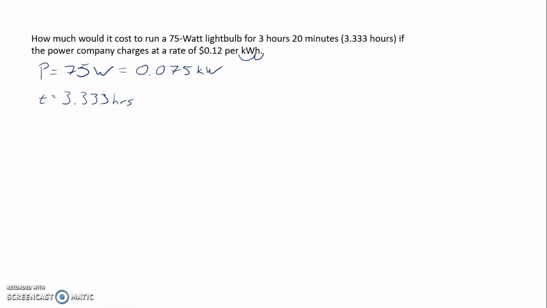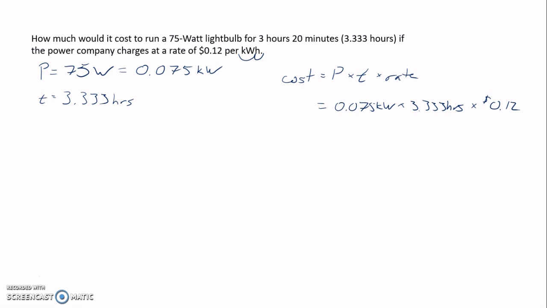So our equation is that the cost is going to be the power times the time times the rate at which the power company charges. So the power is 0.075 kilowatts times the time, which is 3.333 hours, times the rate, 12 cents. Now, if we multiply the power times the time, we get the total amount of energy.